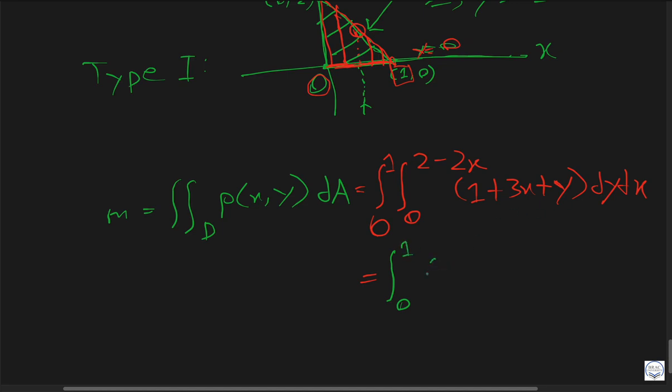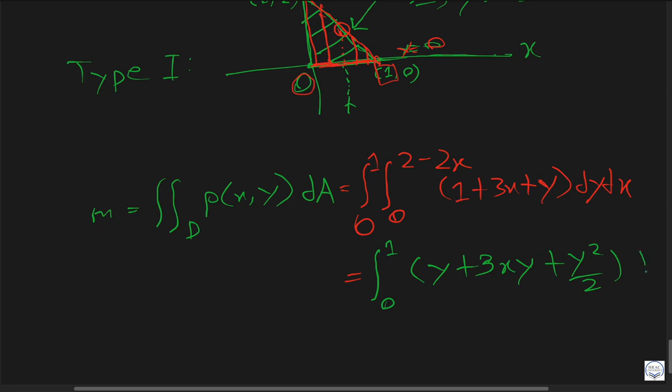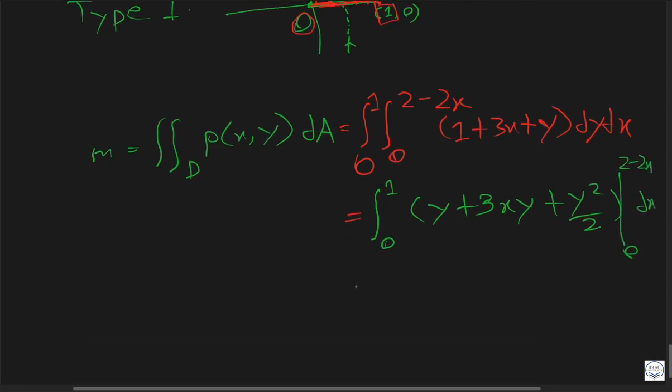So let's do the y integral. We'll then have y plus 3xy plus y squared over 2 dx, and we have to integrate from 0 to 2 minus twice x.